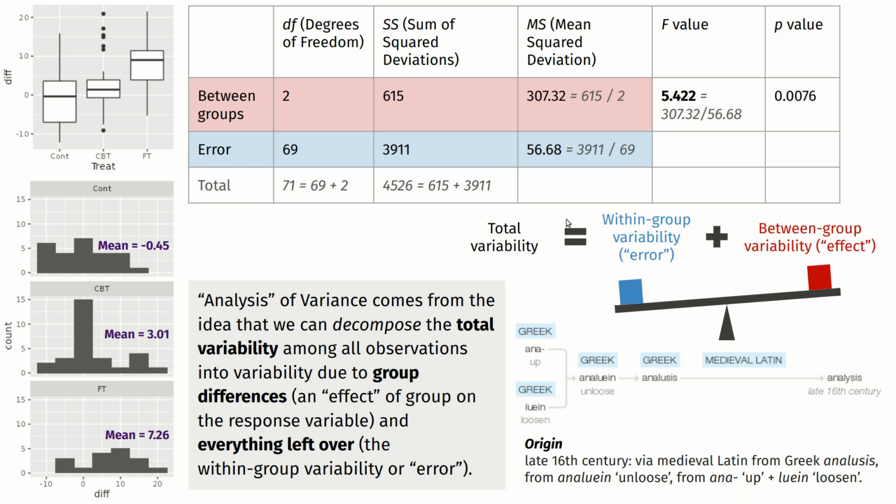But the idea is that the total amount of variability in our response variable, in other words, all of the variability among all those 72 patients, can be decomposed into two sources. The kind of typical variability that we would expect to see between people in general, and then the variability that's a function of, or an effect of, which type of treatment they were assigned to.